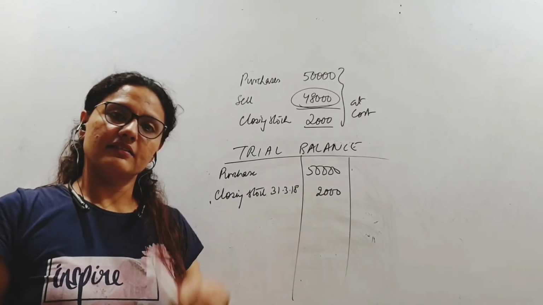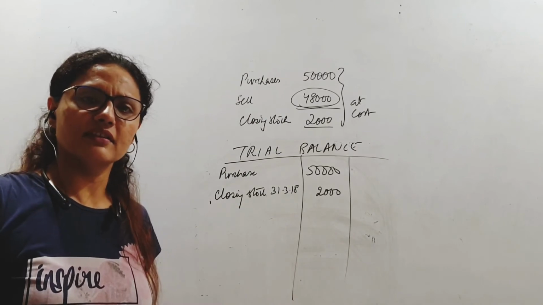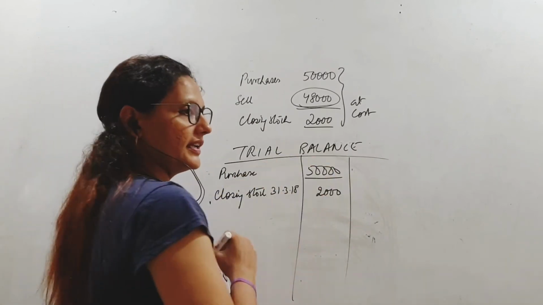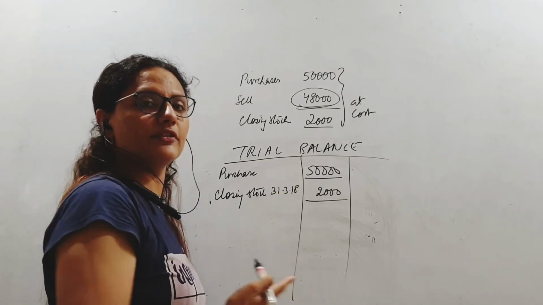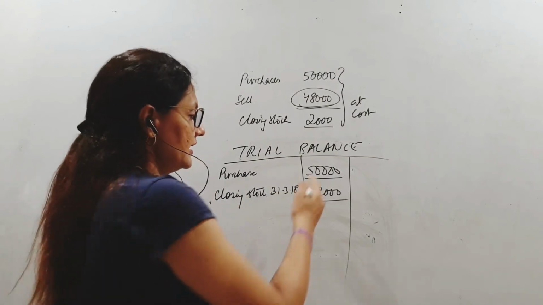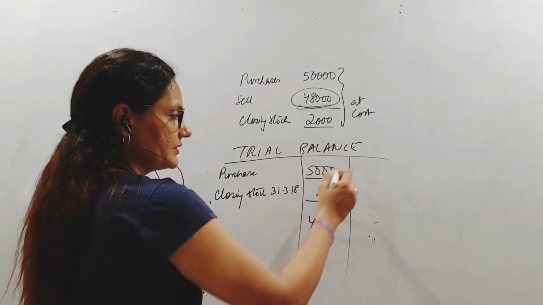So is it correct? Where did this 2,000 come from? From this 50,000. I am counting this as an expense and also this. I am counting it twice as 52,000. There is no 52,000. It is actually 48,000 of purchase. This is wrong.